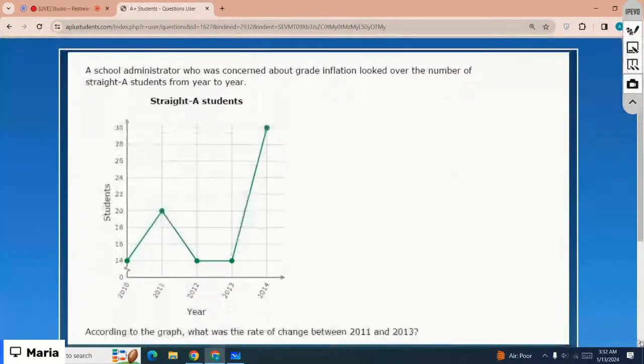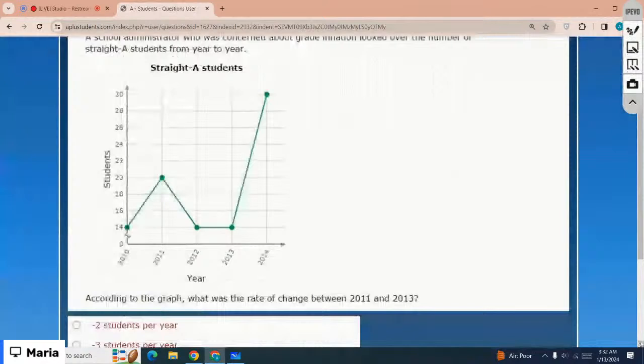a school administrator who was concerned about grade inflation looked over the number of straight A students from year to year. According to the graph, what was the rate of change between 2011 and 2013?